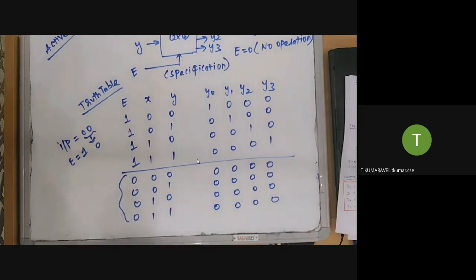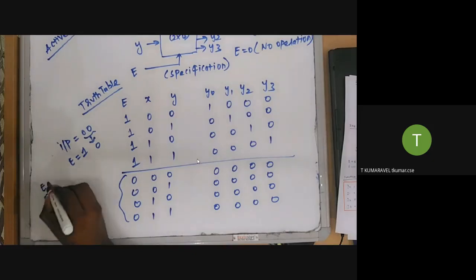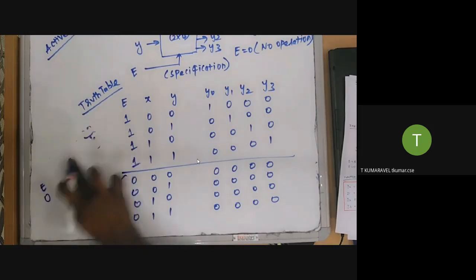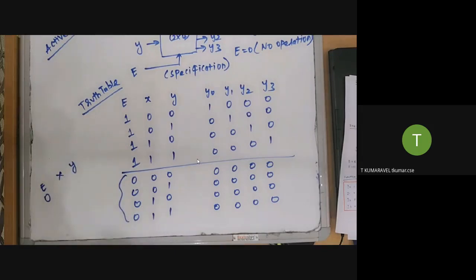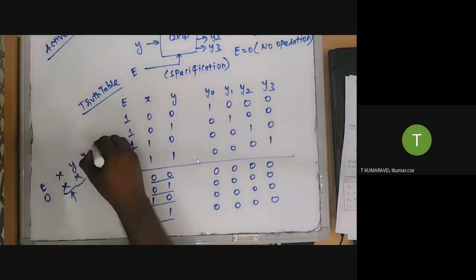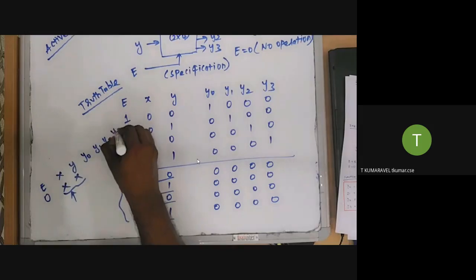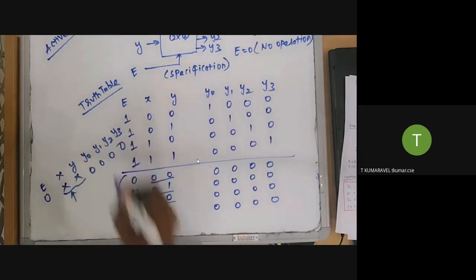That can be denoted like that. My enable is 0, and then I'm going to provide a don't care condition. What is the meaning of don't care? Whatever the input combination may be, this one, this another, the third, the fourth, it does not enable any one of the output lines.